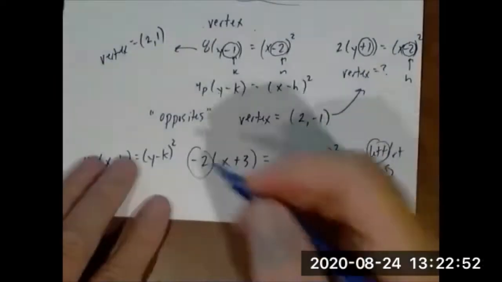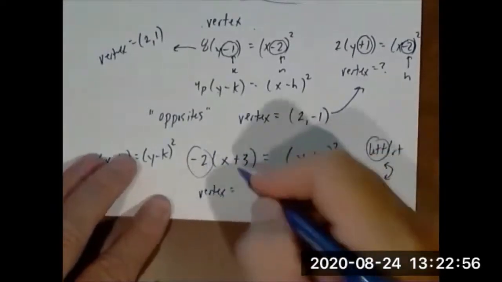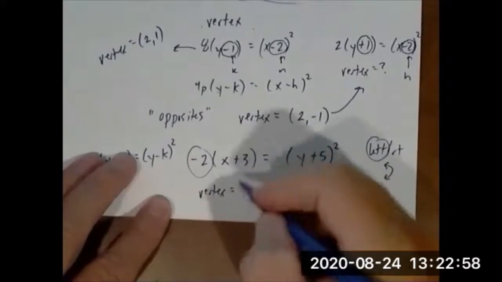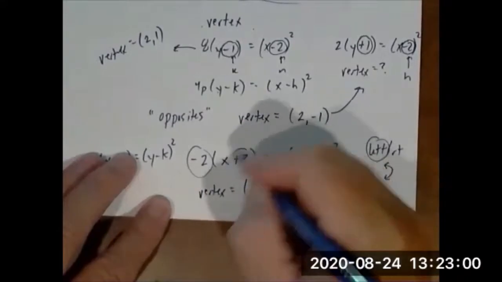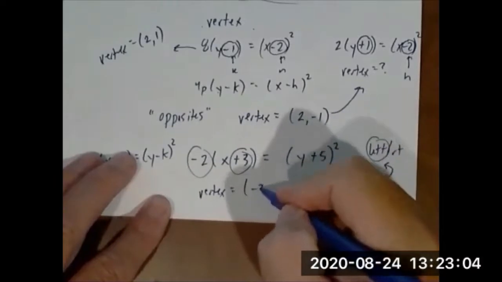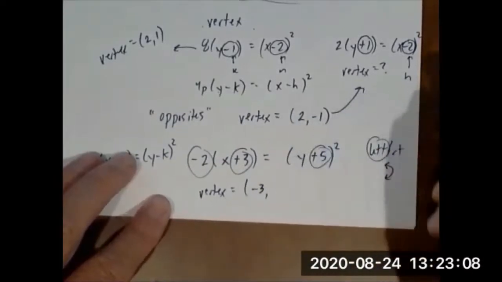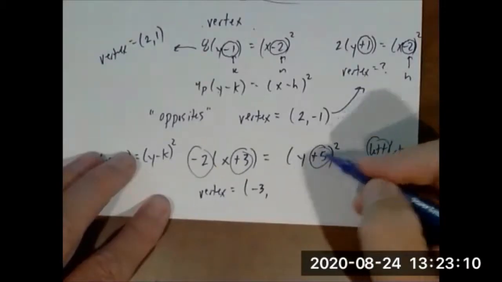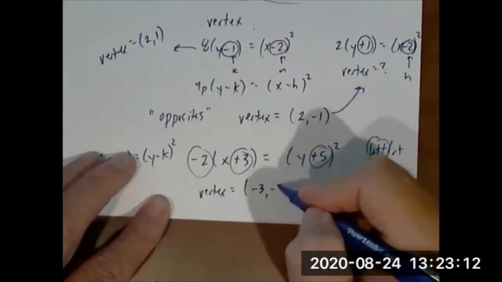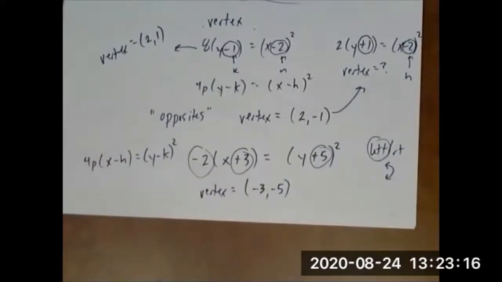Let's find the vertex. For the h or the x part of the vertex, I've got a +3 here, so the opposite is -3. And for the k or the y part of the vertex, I've got a +5 here, which means the vertex is -3, -5.